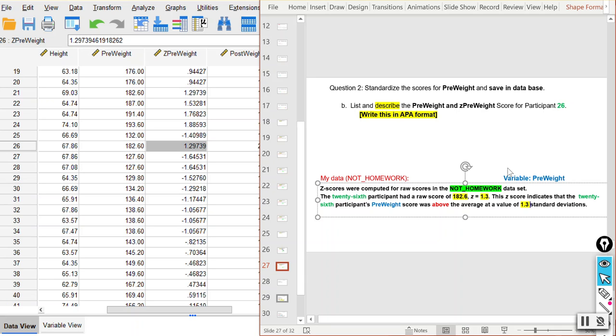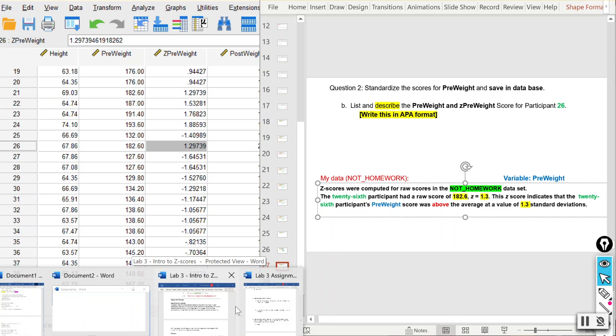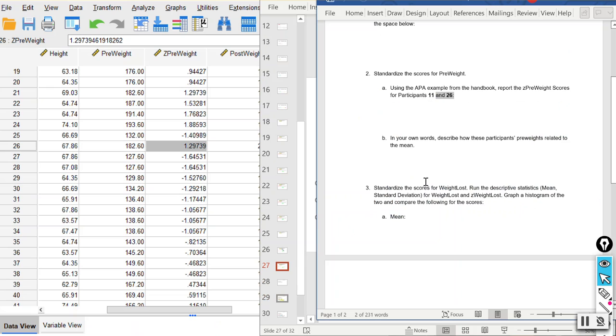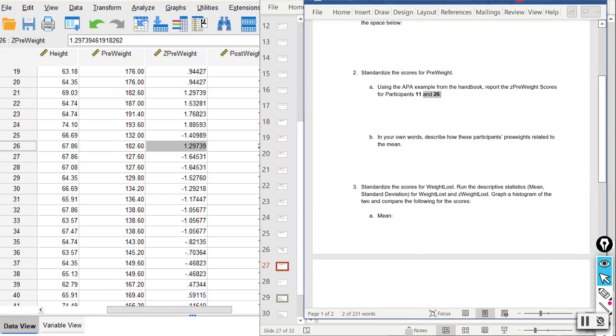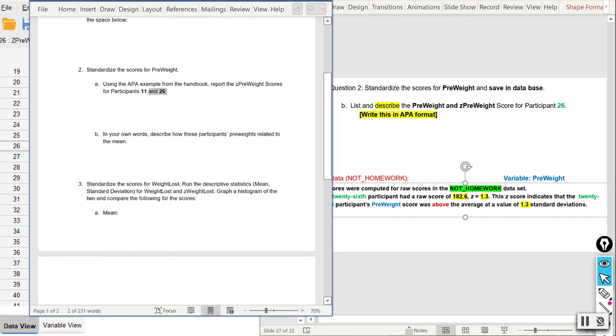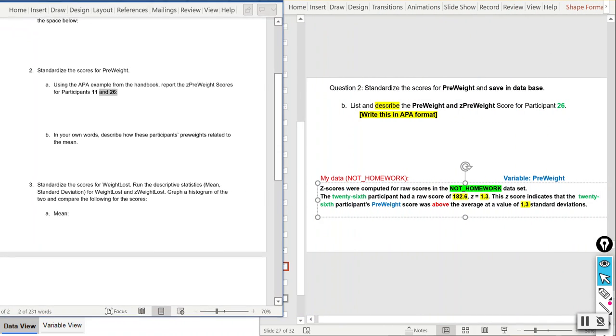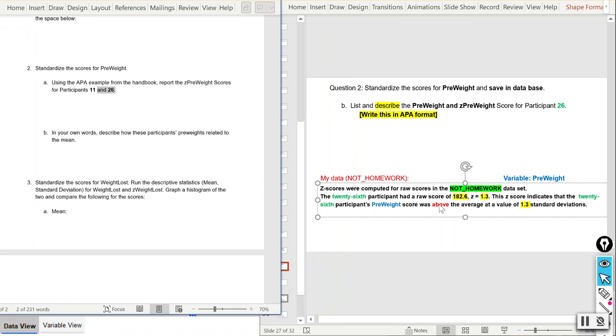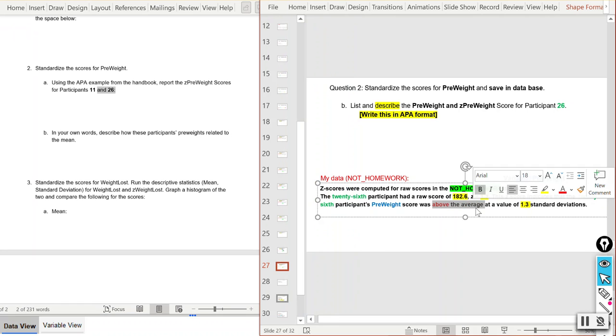All right, so what does this all mean? If I was to go down here and look at this, we made this report for both of them. Describe how these participants' pre-weights are related to the mean. That's this information right here. Above the average. Average is a different way of saying mean.